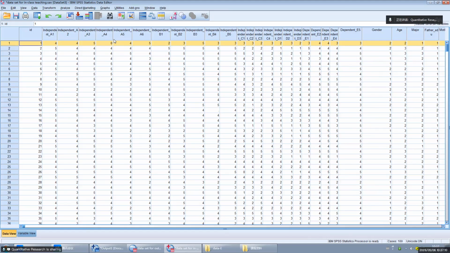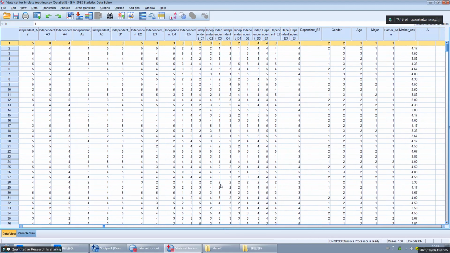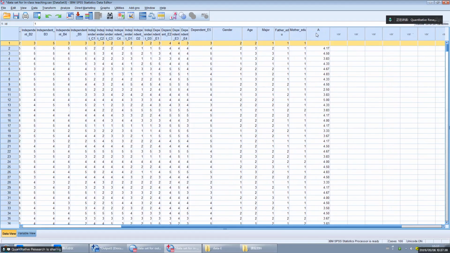They have to complete all the items so that they can submit the survey. So there won't be missing data anymore. But here in this data, there are missing values. So this is A, the mean score, representing the concept of A.